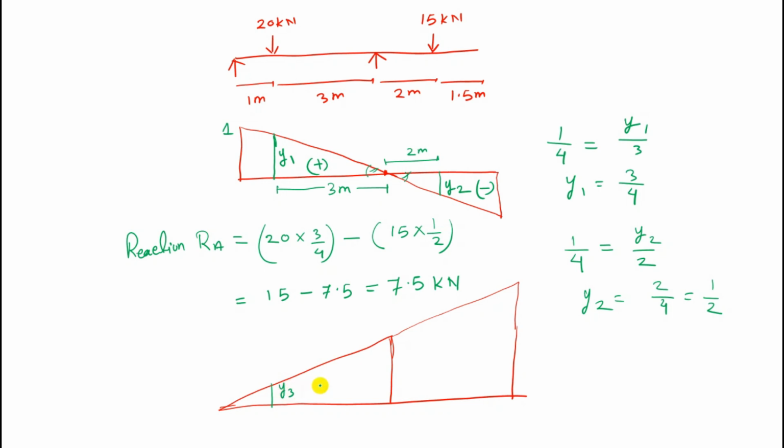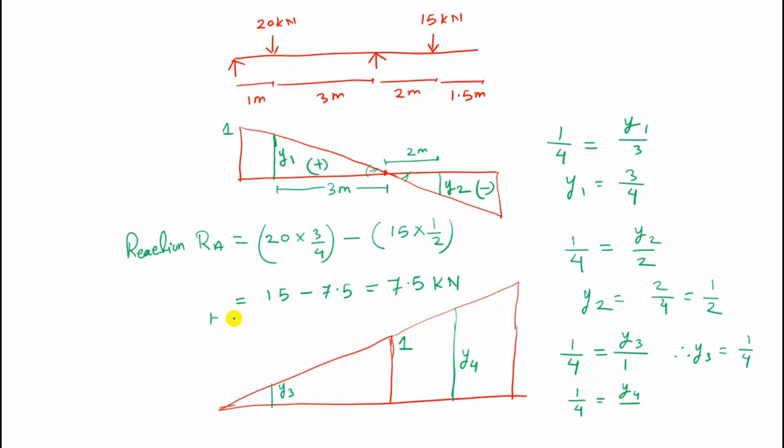Suppose this is y3 and this height is y4, and this value is 1. Total span length is 4 meter, so 1 by 4 equals y3 by 1. Hence y3 equals 1 by 4, and 1 by 4 equals y4 by this distance.